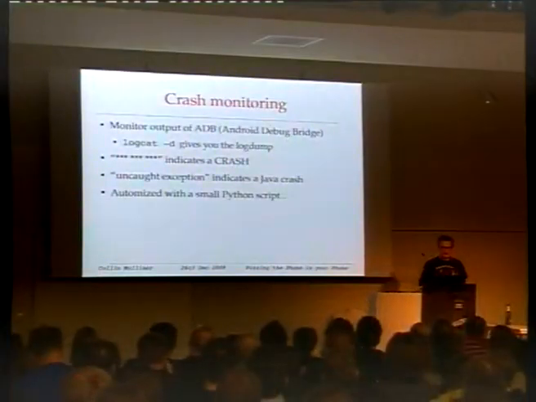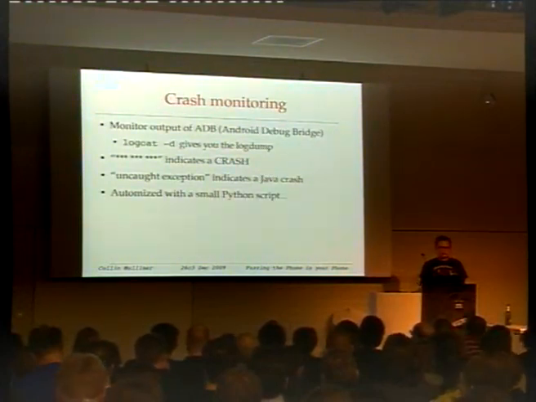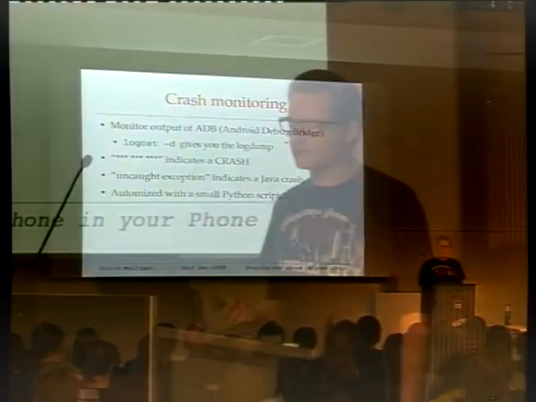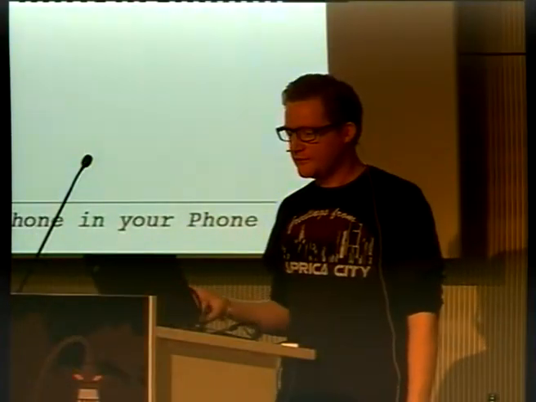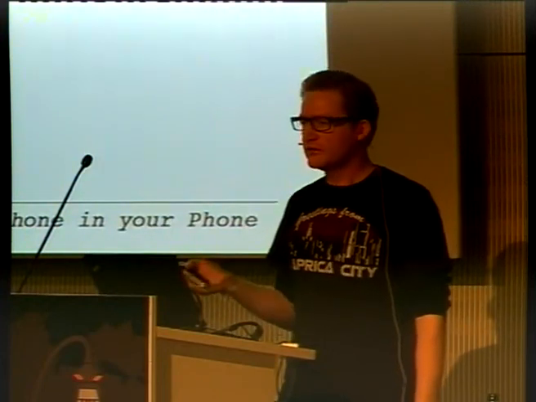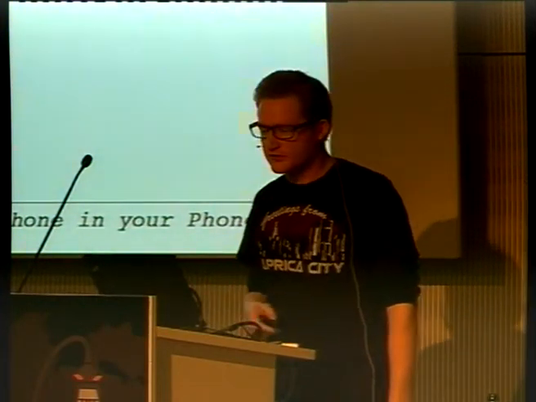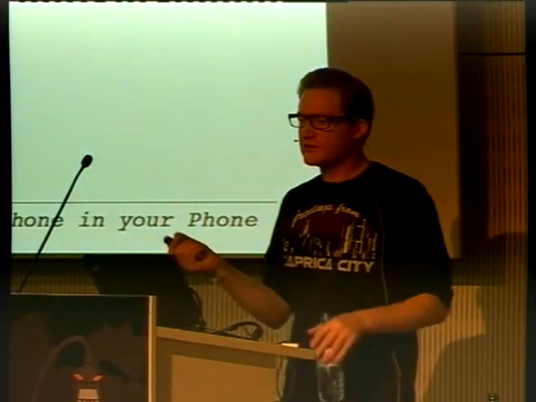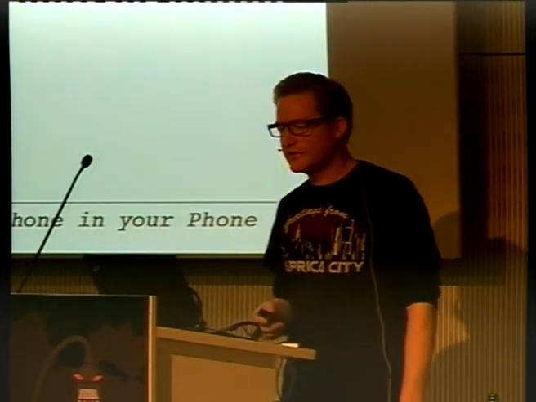Crash monitoring, of course, is a little bit different on Android. You have the Android Debug Bridge, where you can just say, give me the output of the log. The thing we want to look for is these stars, which basically indicate a crash. So again, we just run the ADB command with logcat, and a small Python script reads the output and searches for the stars.